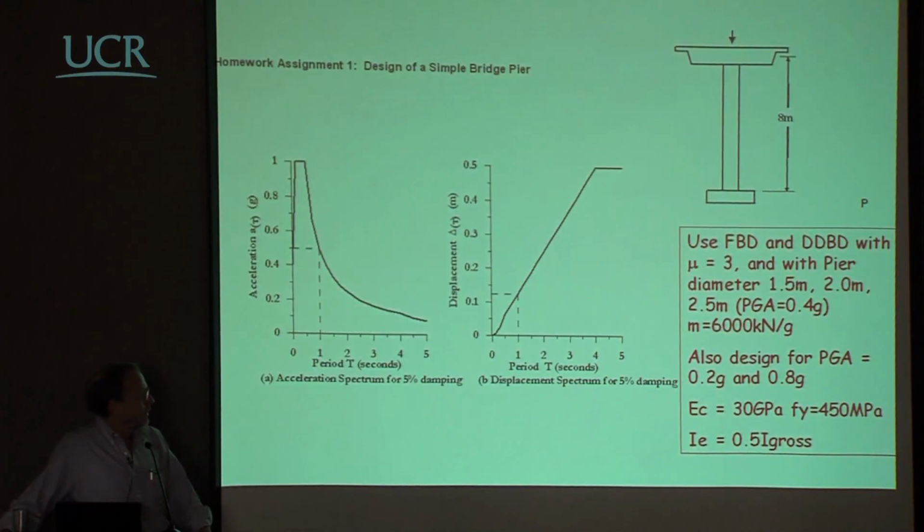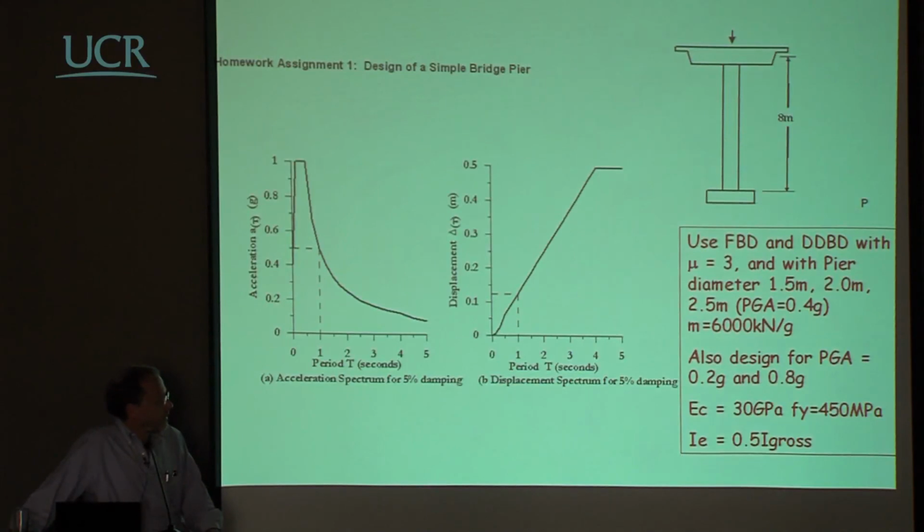So you have here a very simple structure, which is a bridge column. And we propose that you try to design this using force-based and displacement-based design with a ductility equal to 3 and with a diameter of 1.5, 2, and 2.5 meters, and with a peak ground acceleration of 0.4 g.